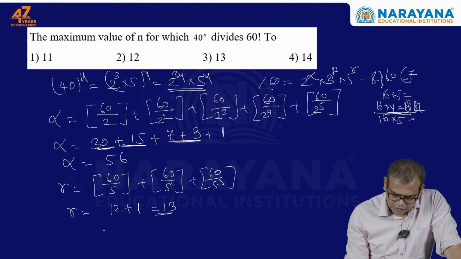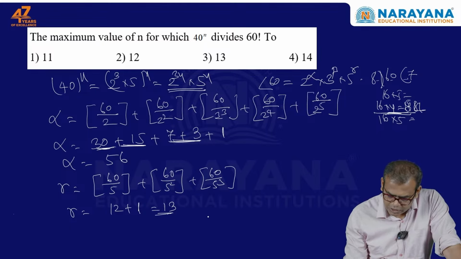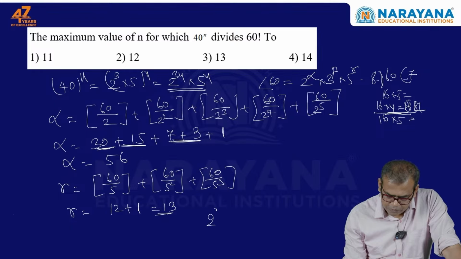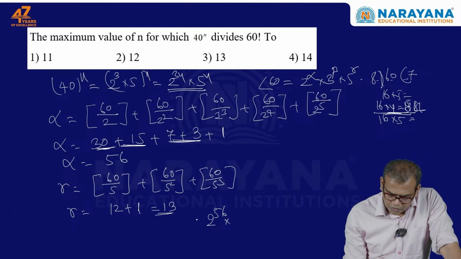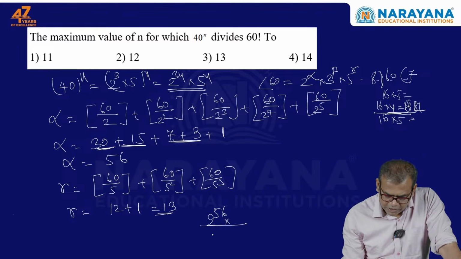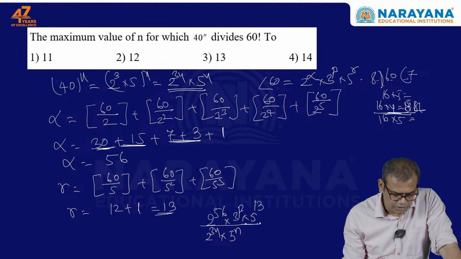So the factorial 60 will contain 2 to the power 56 into 3 to the power beta, divided by 2 to the power 3n into 5 to the power 13.